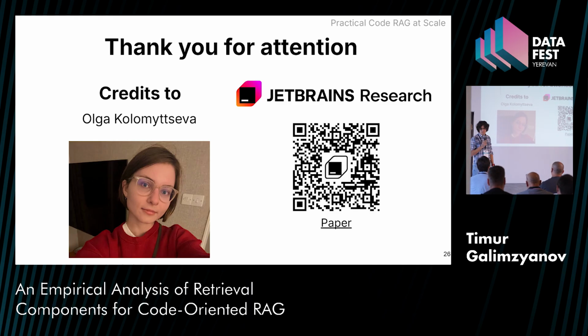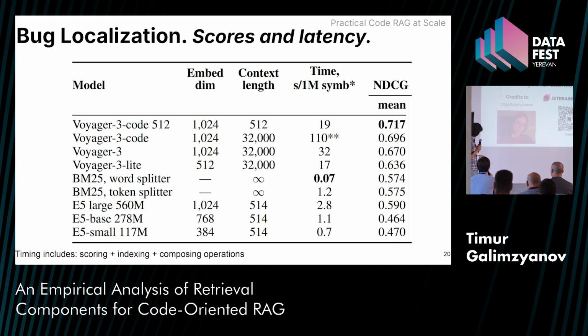Thank you for a great talk. Can you go back to the results for the retrievers on the bugs task, the issues task? I think this one. Yes. How can you explain this difference in Voyage chunking, that the shortest chunk is the best quality?